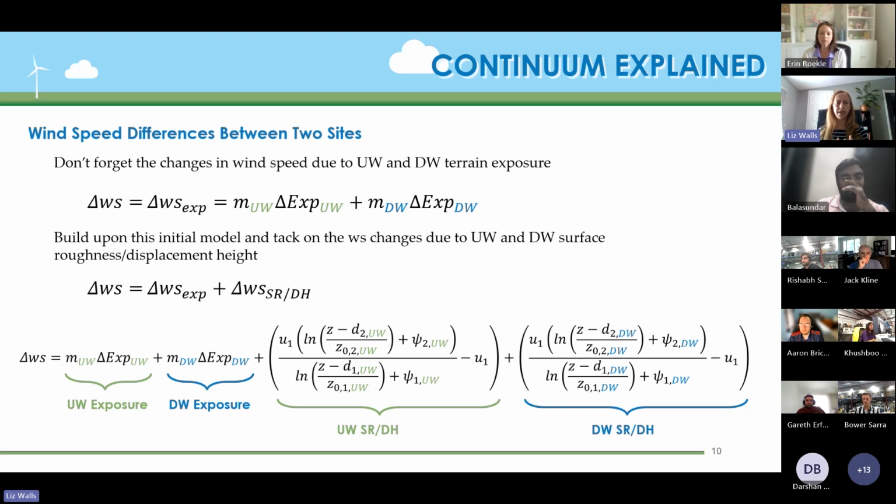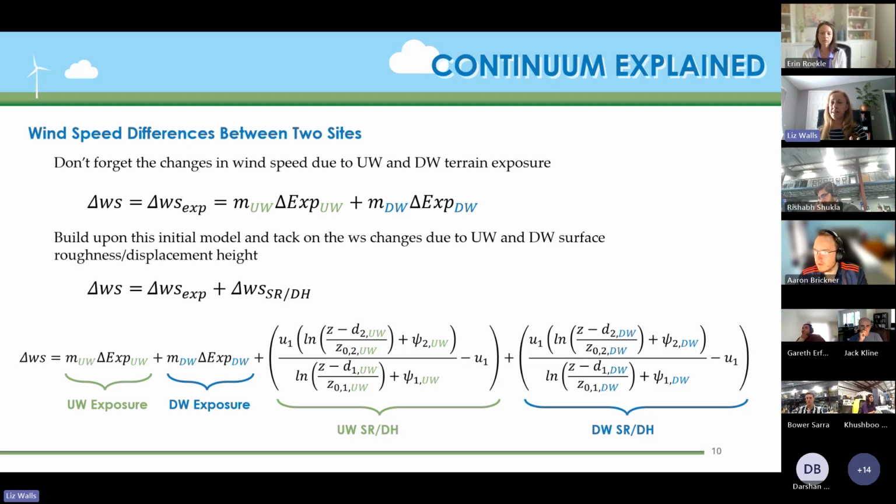So expanding it all out, here we are now, almost to the full wind flow model, almost the full equation that I showed on one of the first slides. So we're getting there. We still have 2 more terms to get to in next session. But up till now, we have now defined how the wind speed is likely to change between 2 sites, first on the upwind and downwind terrain exposure.